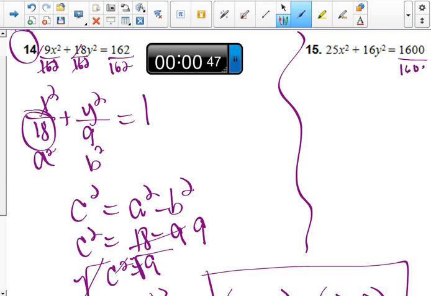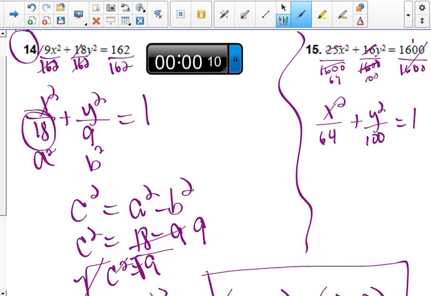The first step is to clear this out to go to 1. So divide everything by 1600. Right? And just remember this one's bigger, so this one must be vertical.